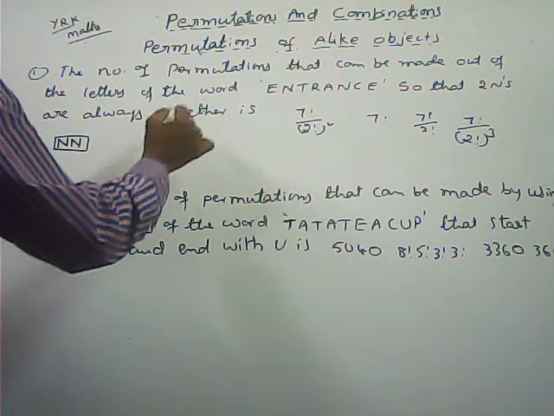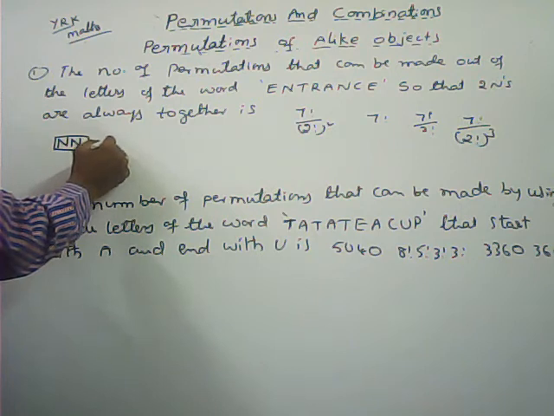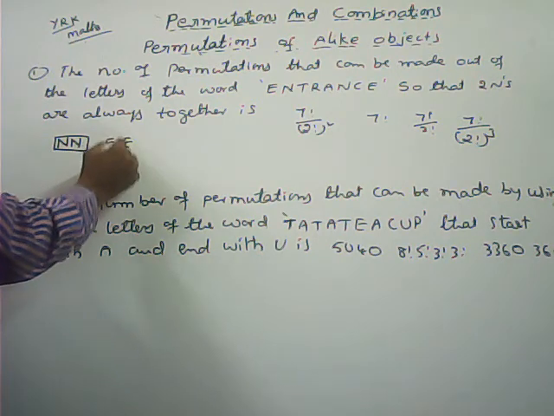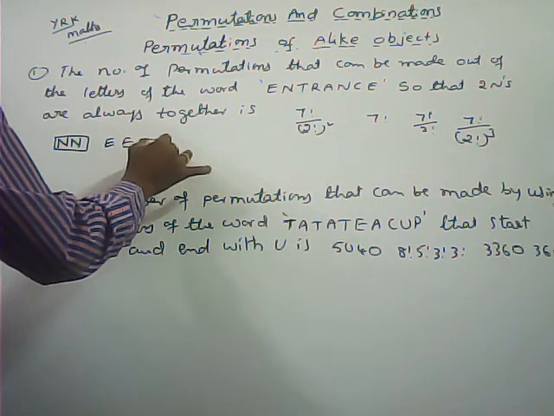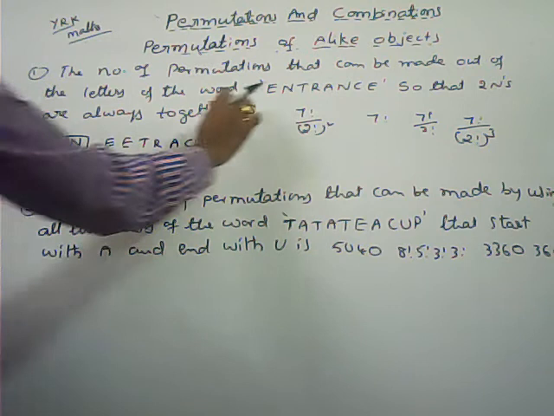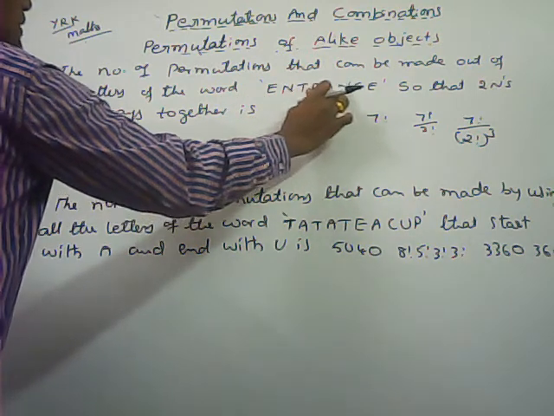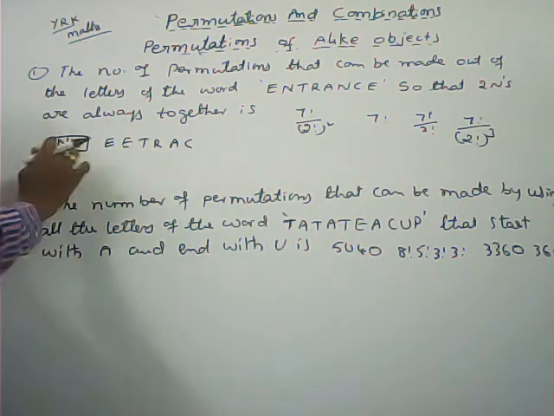Now if I keep this one, what are the rest of the letters here? E, 2 E's are there. N already completed. T, R, A, C. Total 1, 2, 3, 4, 5, 6, 7, 8.